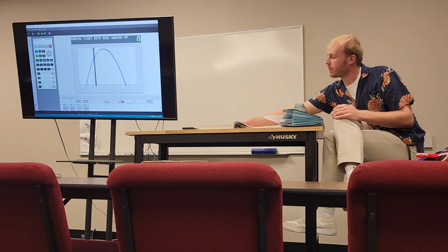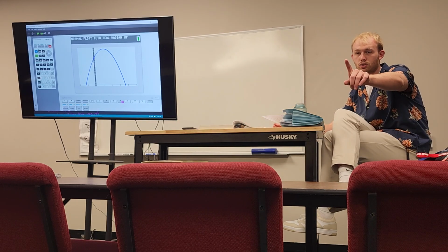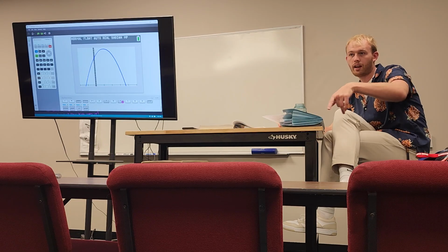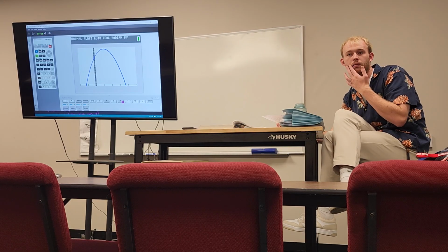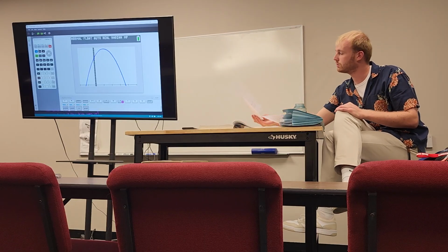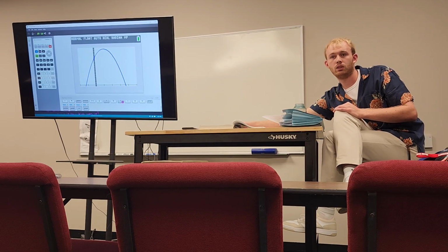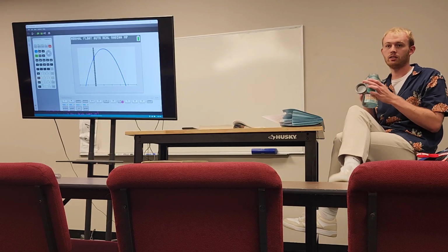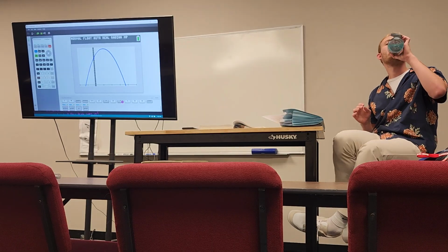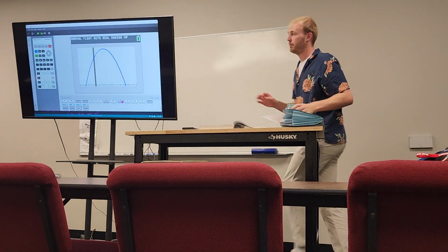Okay, so now go ahead and hit trace, make sure you're on the function, and then find time 2. Because we were asking, does the ball go up or down at time 2? It's going down. How can you tell from this? What does this graph represent?